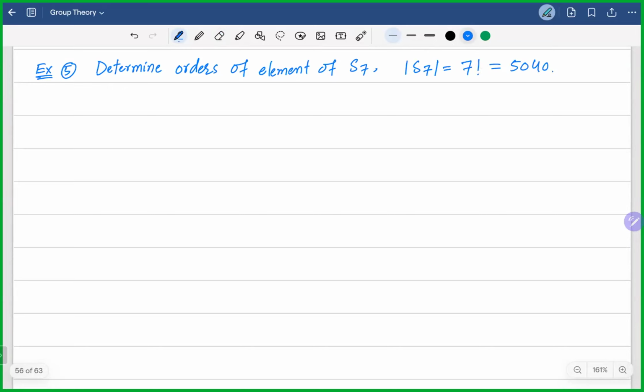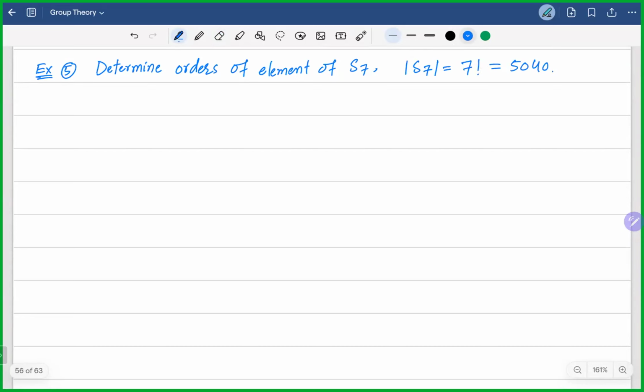We need only consider the possible disjoint cycle structures of the elements of S7, and that's a very strong result.